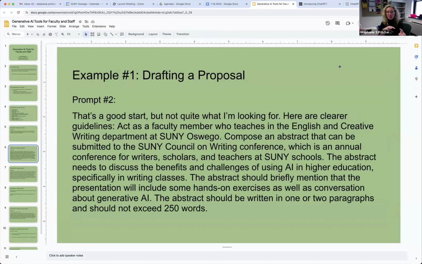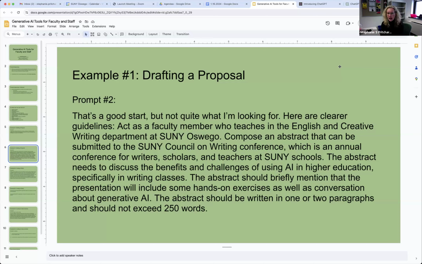What you want to remember every time you are working with generative AI is that they are chatbots, right? So they respond and sort of learn the more you interact with them. When I'm talking to ChatGPT, I talk right to it. So this time I said, this is a good start, but not quite what I'm looking for.